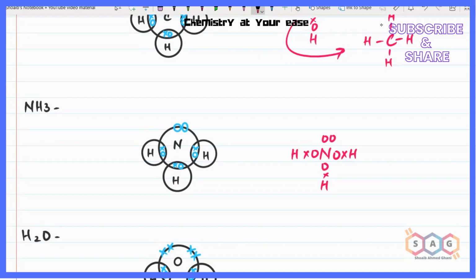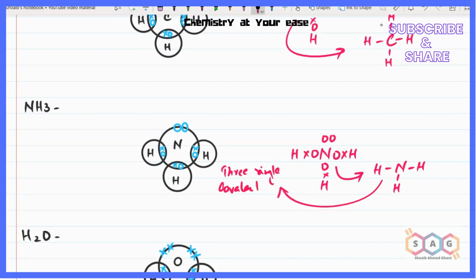Again here, 1, 2, 3. 3 hydrogens are covalently bonded with single covalent bonds to the 3 nitrogen electrons. So in this molecule there are 3 single covalent bonds.